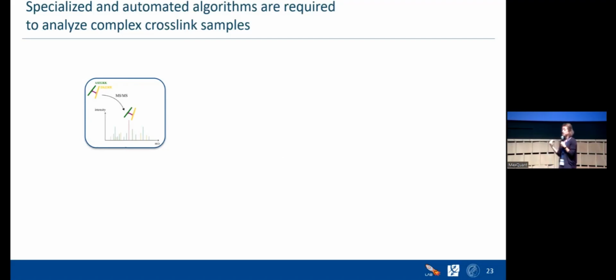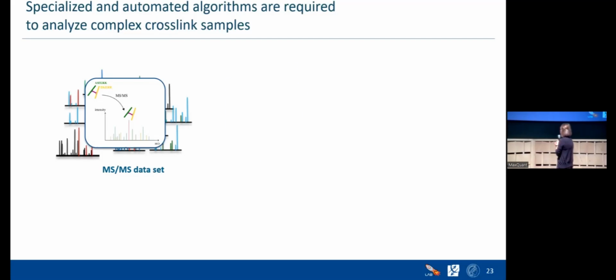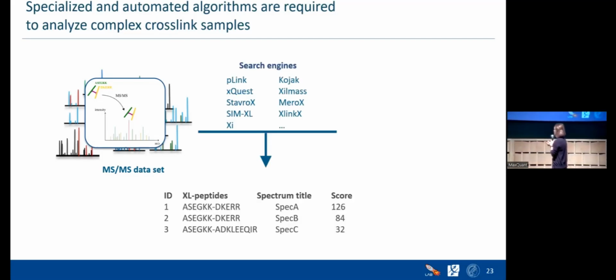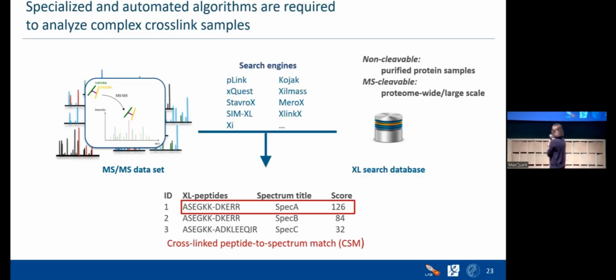I need a specialized algorithm, and this specialized algorithm checks the MS data against the crosslinking search database. Here we see the experimental data set, here is the database, and these are the available search engines.